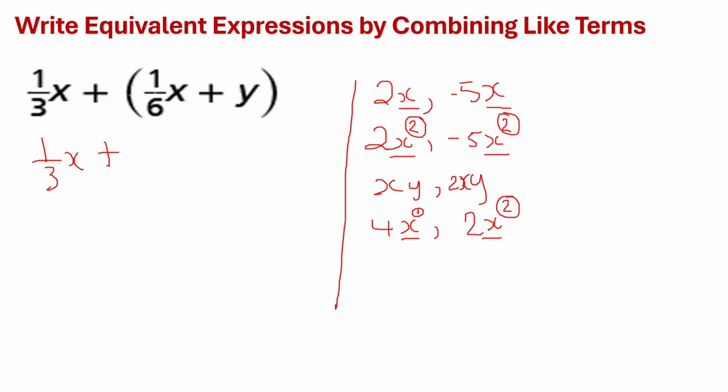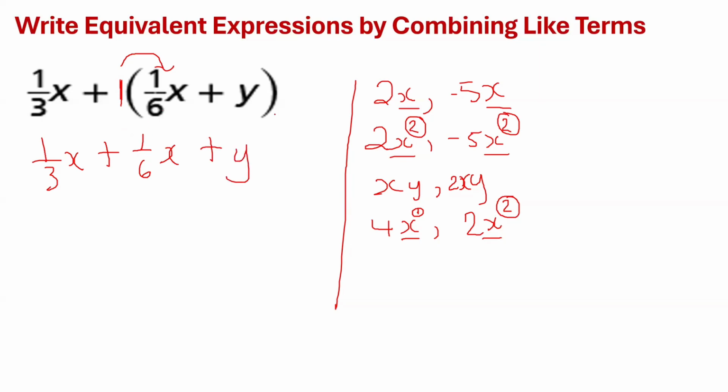Anytime you have a parenthesis, if you don't see a number there, there is always an invisible 1. So it's going to be positive 1 times positive 1/6, which is positive 1/6. And I write my variable back. And positive 1 times positive y is going to be positive y.